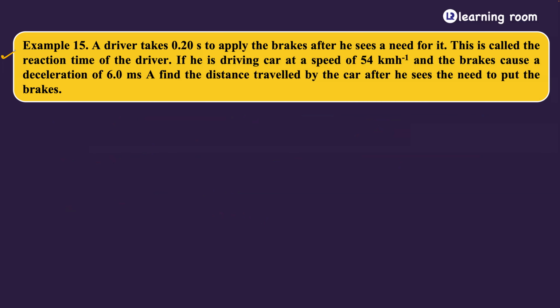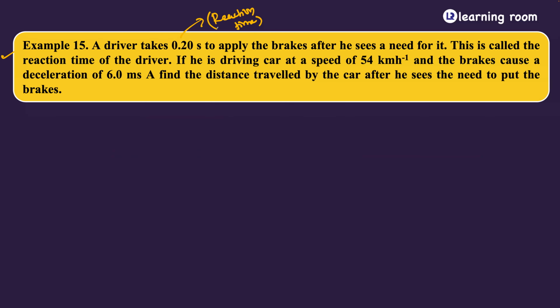Next one. A driver takes 0.2 seconds to apply the brakes after he sees a need for it. So the 0.2 seconds is basically called reaction time. Means after he sees something, it takes 0.2 seconds for him to react to it.